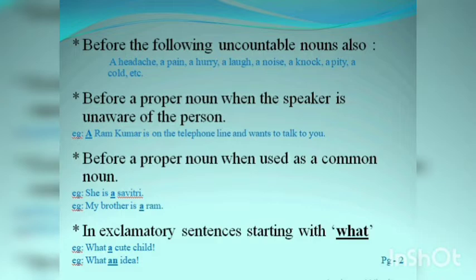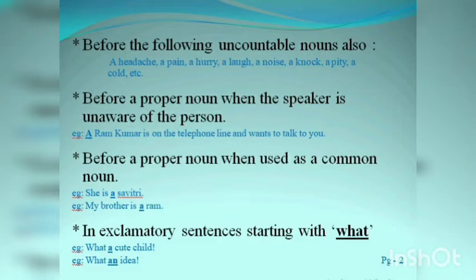Next rule, before a proper noun when used as a common noun we use a or an. Although before a proper noun we don't use any article, when a proper noun is thus used in a sentence like a common noun we use a or an suitably before it. For example, she is a Savitri.